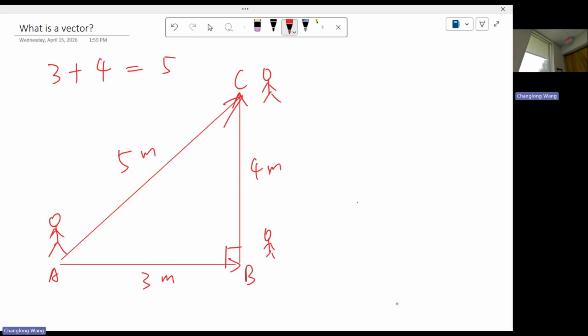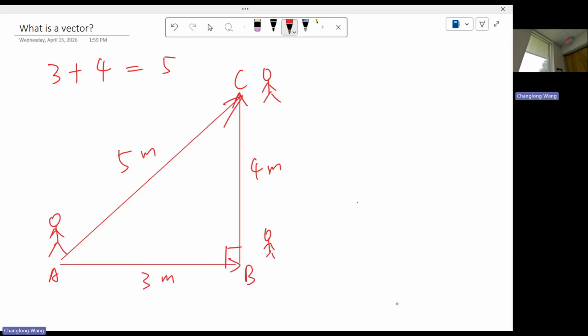For a triangle, the sum of these two sides must be greater than the third side. So now you're exactly looking at the thing that bothers people, because 3 plus 4 is greater than 5. That means you're better off going straight ahead, not taking a detour.